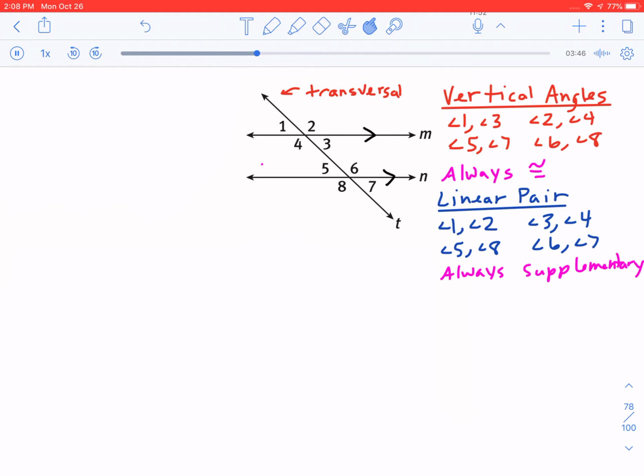Okay, so the next one that we're going to look at is corresponding angles. The way that I like to think of corresponding angles is that they are in the same spot.